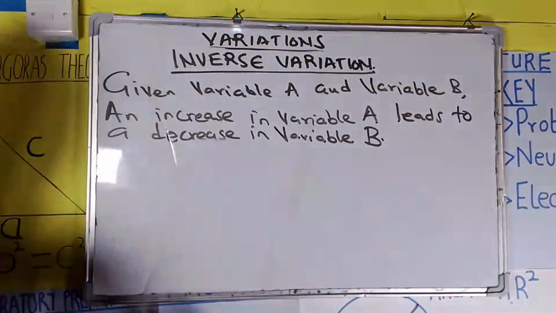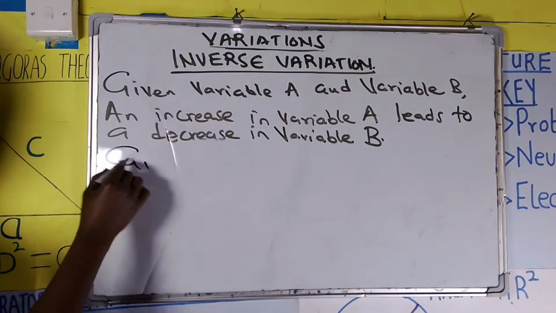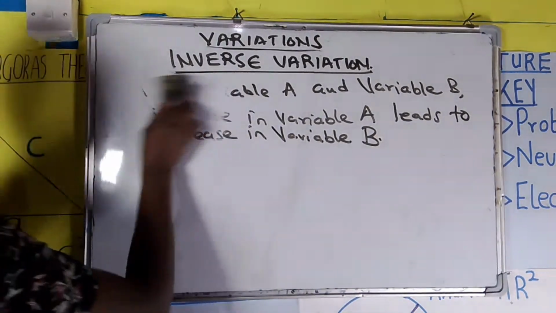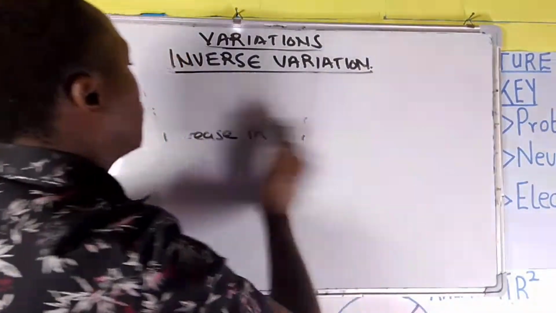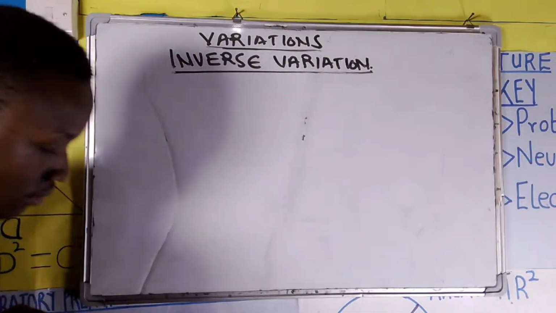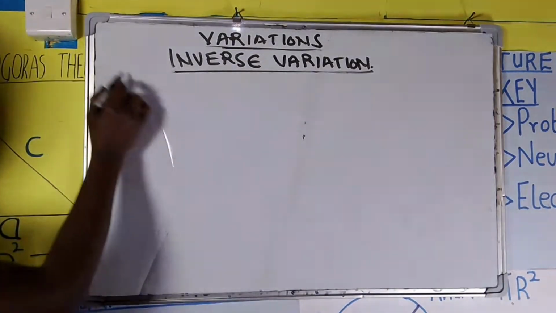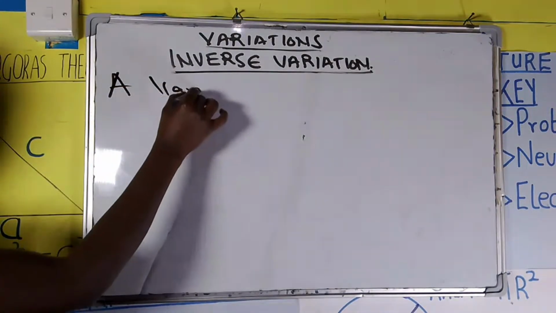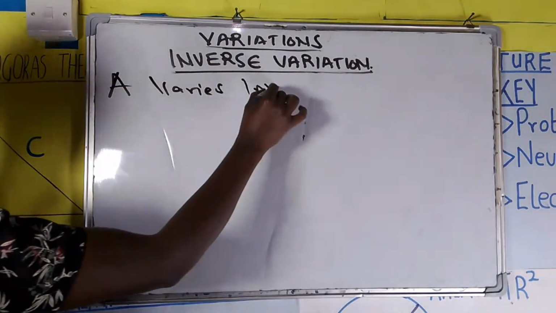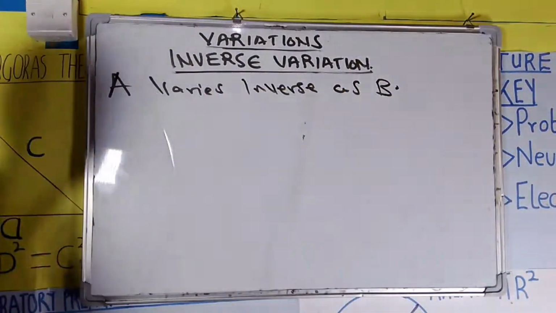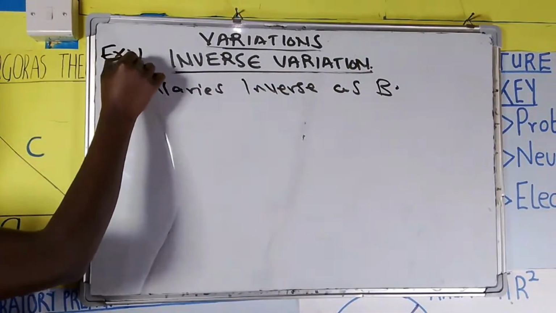So if you are told A varies inversely as B, that is the first example.